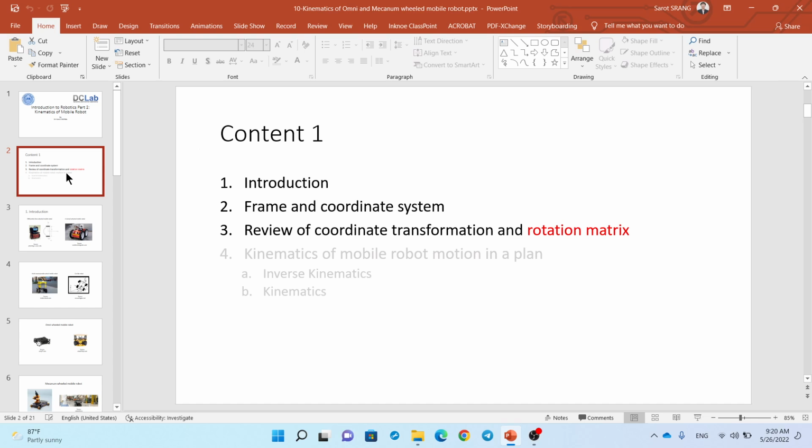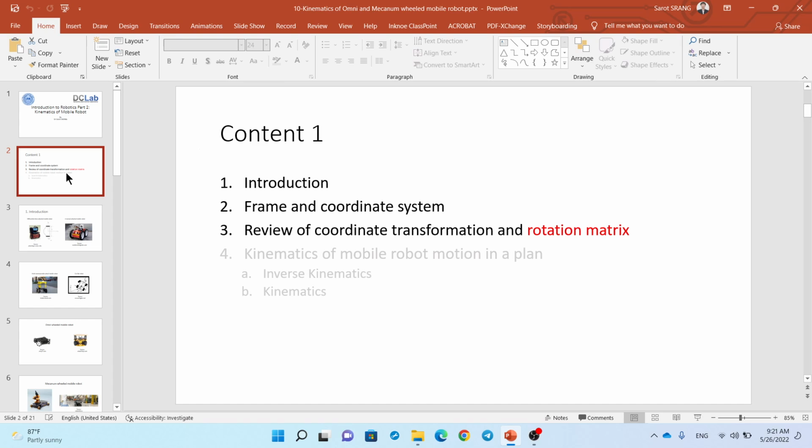I want to let you know that I will go deeply into particular mobile robots, such as the omni-wheel mobile robot and the mechanism wheel, because the kinematics of this type of robot is very easy. This course is just an introduction, so I will choose the easiest one for you.